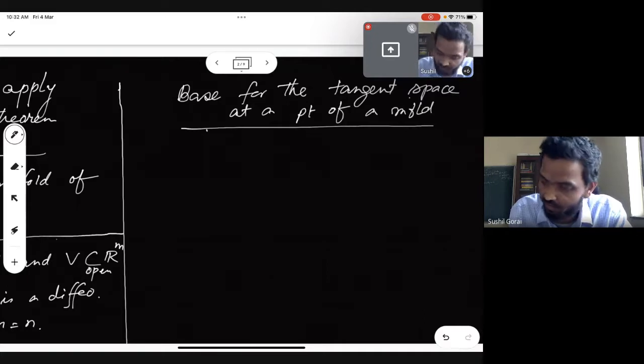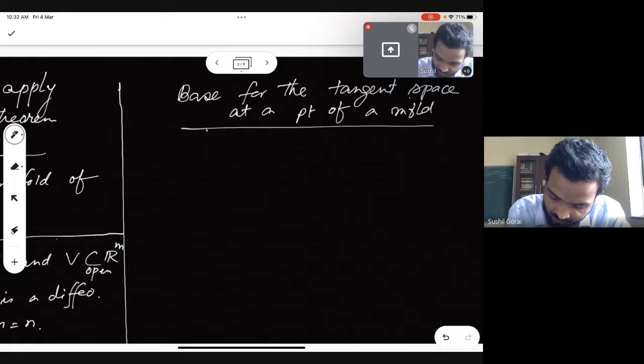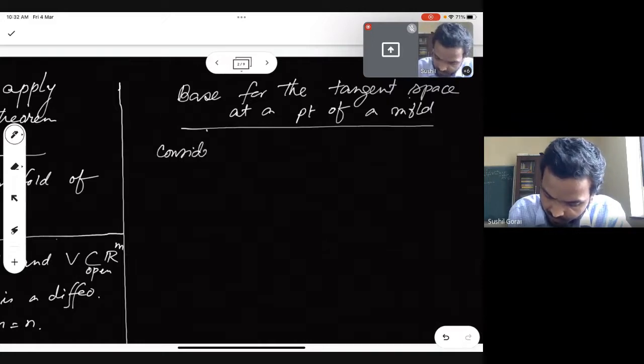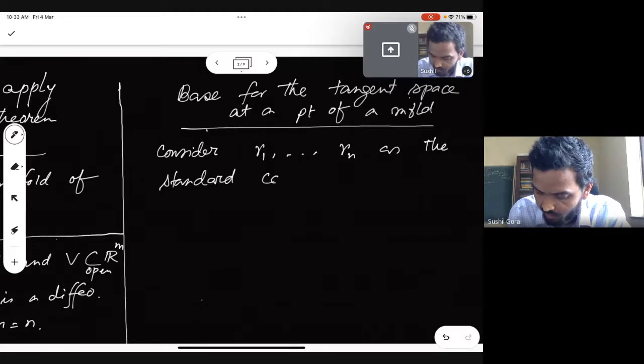All right. So we consider R1, R2, ..., Rn as the standard coordinates in Rn.